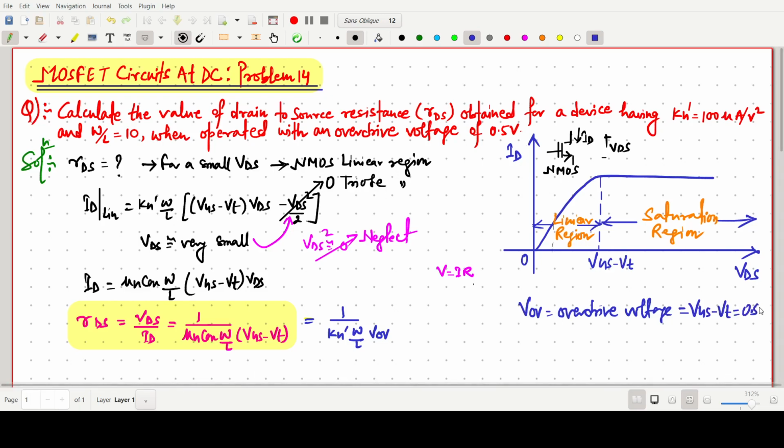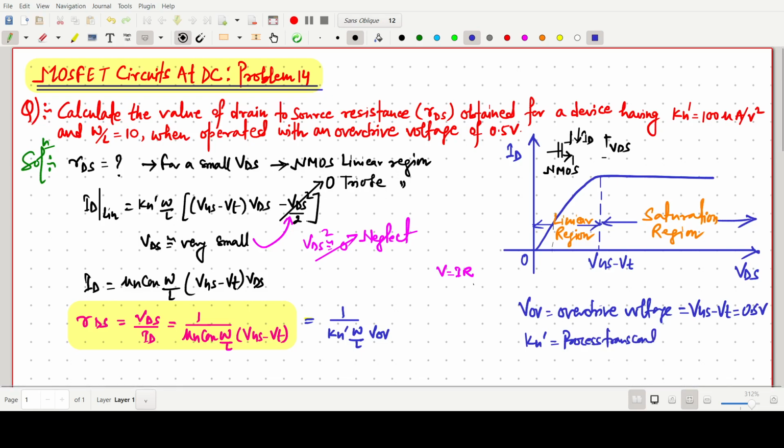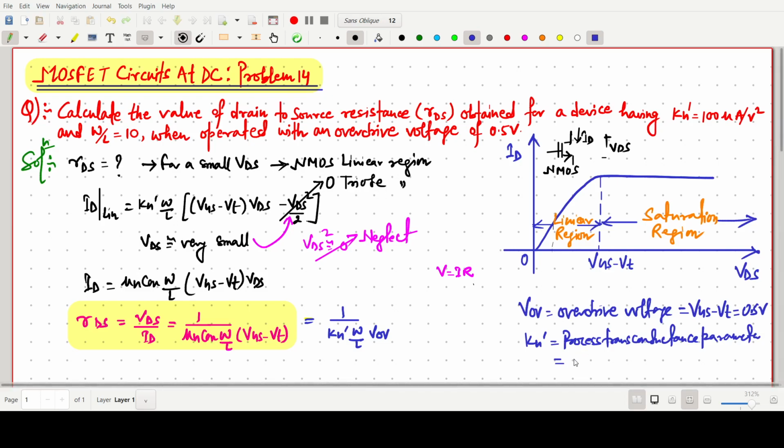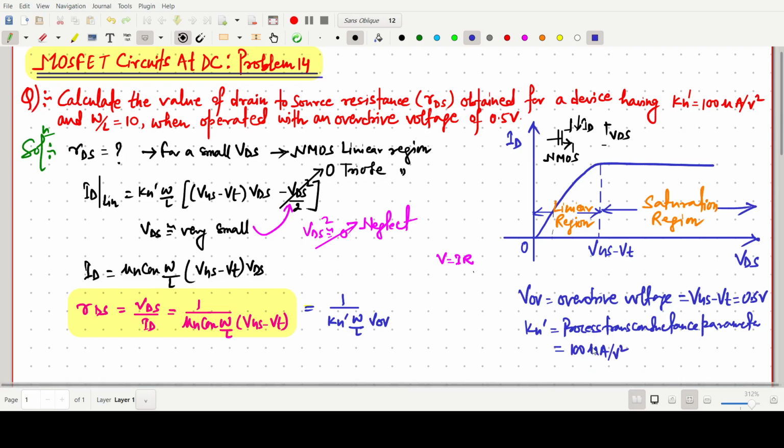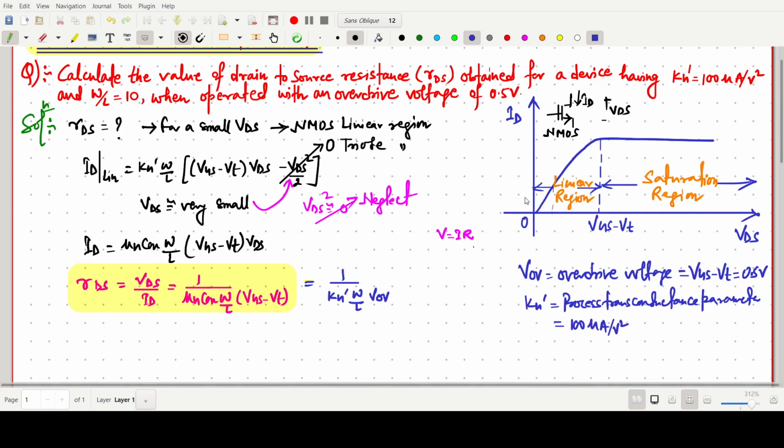K'n, the process transconductance parameter, is already given as 100 microampere per volt square. This is a very simple question, but we have to know some basics. This graph we have to know: mainly the drain to source resistance we have to calculate especially in the linear region when VDS is small.